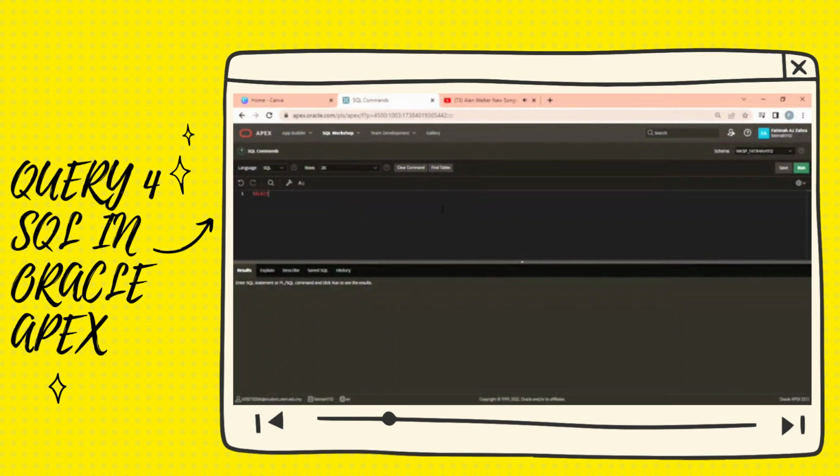As we open Oracle Apex, after we type the SQL and run it, the output shows 3 rows of patients with payment type cash.